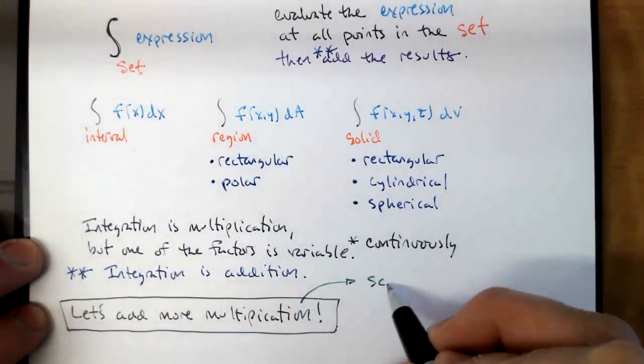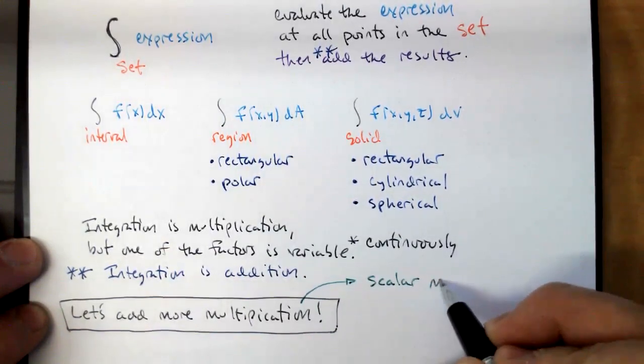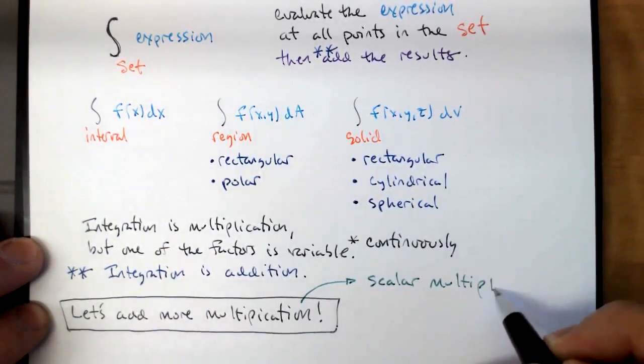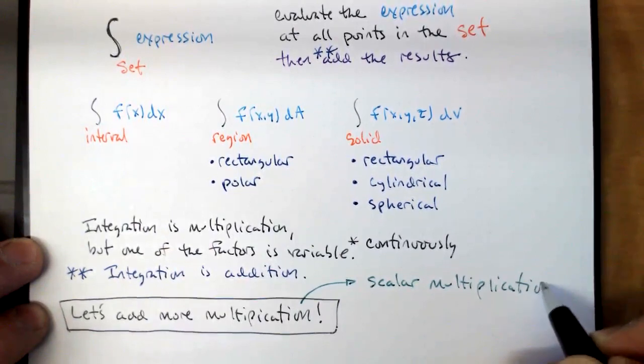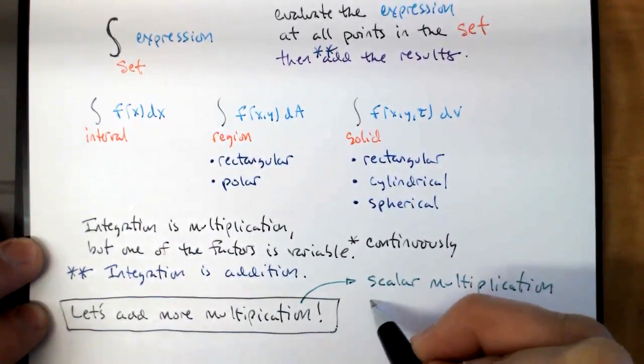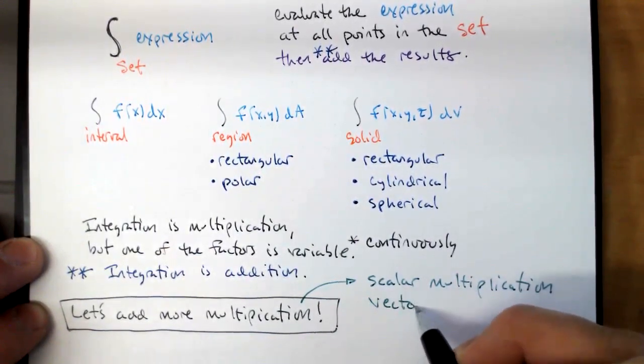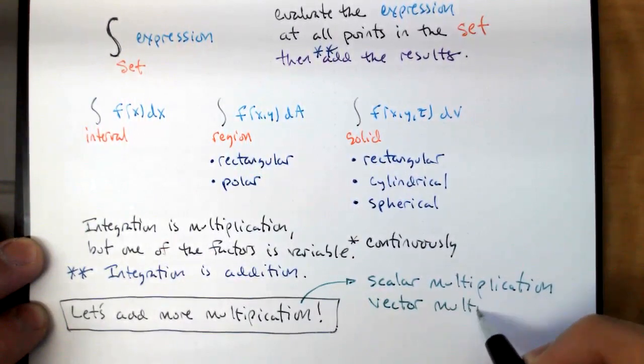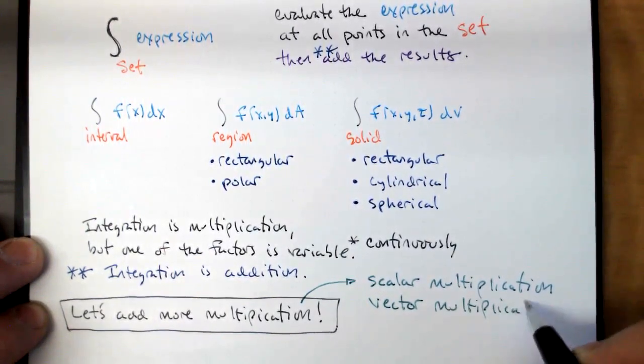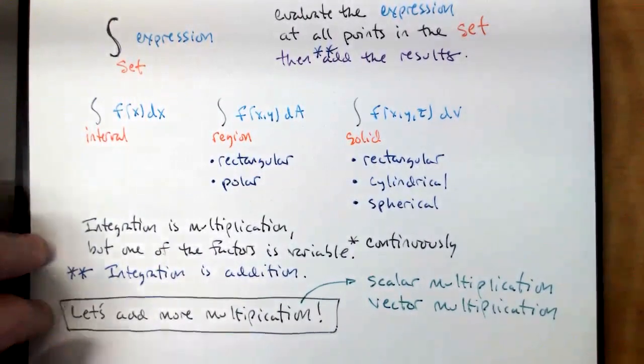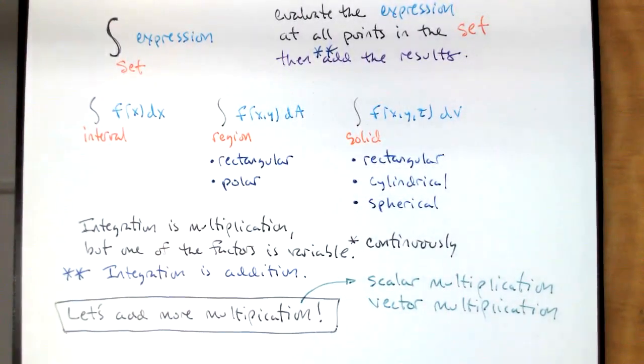There's scalar multiplication, and we also have vector multiplication. There were two kinds of vector multiplication. There's a dot product and the cross product.